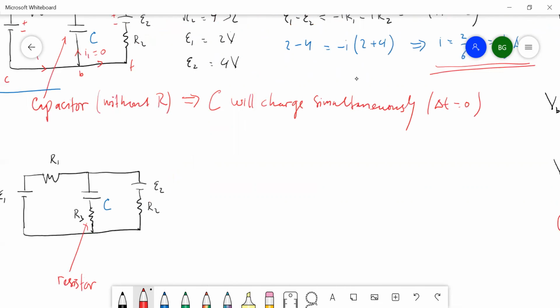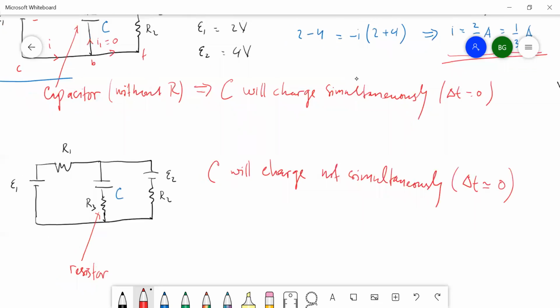Because we have a resistor, the capacitor C will not charge simultaneously. The interval time is not exactly 0, but it is very fast, such that the interval time is very small.